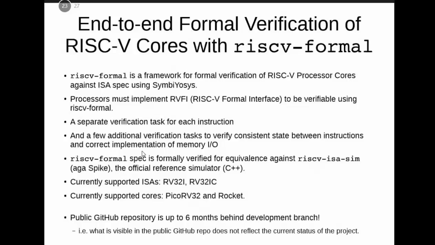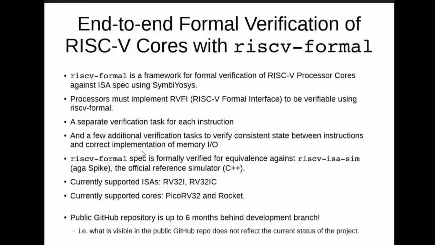Okay, so one thing I'm working on right now is RISC-V Formal, which is a framework for end-to-end formal verification of RISC-V processors against the ISA specification. My main motivation for doing that is that I need a nice test case to demonstrate that these tools can actually do real-world complex problems and not just toy problems like the ones I've just shown you on the previous slides.